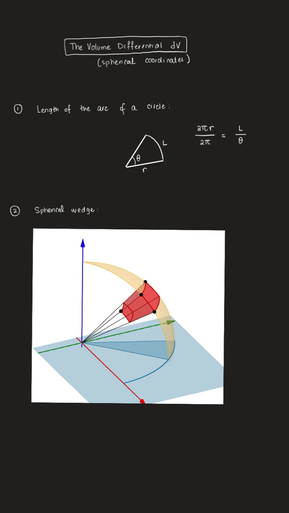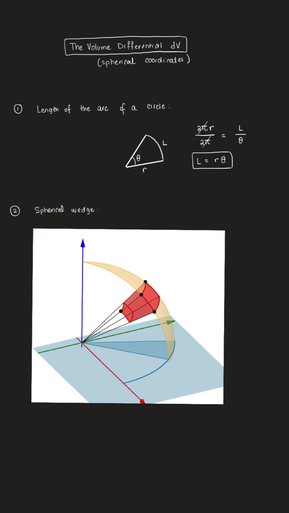So this proportion must hold true. And so we're going to solve for L. We can see here that the 2 pi's cancel, so that length L is just going to be the radius times theta. That's how we get that little arc length L. And we're going to use this below when we try to figure out the volume of a small spherical box.